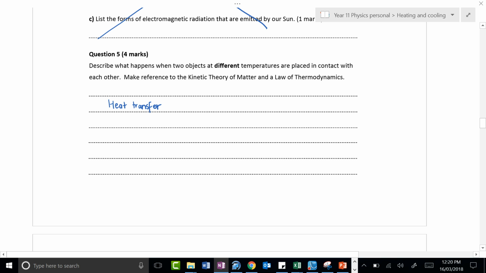Yes, heat transfer occurs from hot to cold objects until they reach the same temperature.